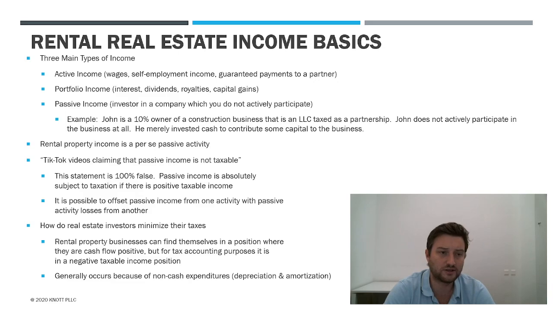So the basics, let's just start with what types of income generally fall under the U.S. tax code. The first big one is active income. This is very simply wages that you earn because you're an employee somewhere. If you're self-employed, those earnings are active income.